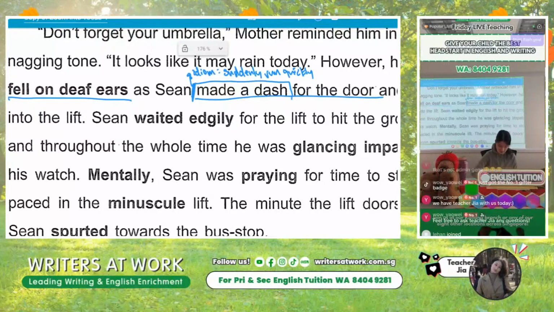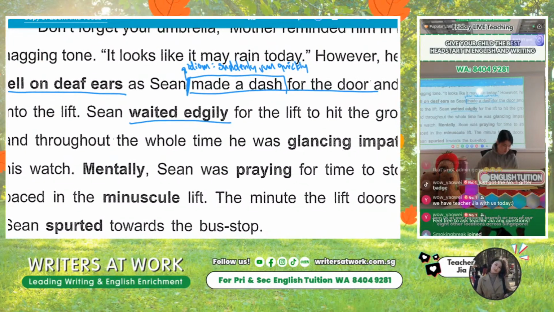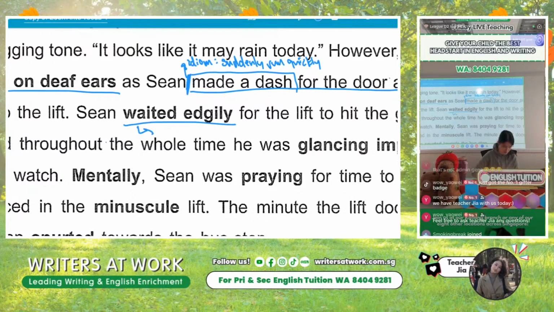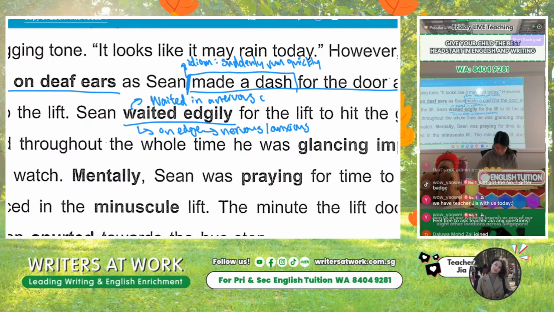Okay, now we'll wait edgily, which means essentially just like the word on edge, it means that he was on edge, that he was waiting nervously or anxiously. So waited in a nervous or restless manner.